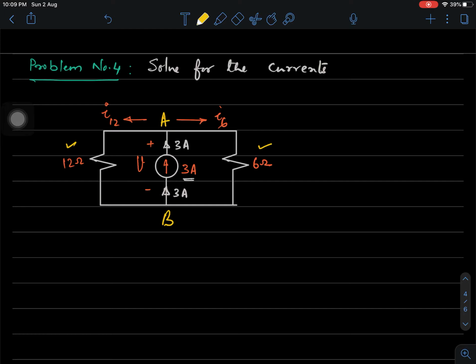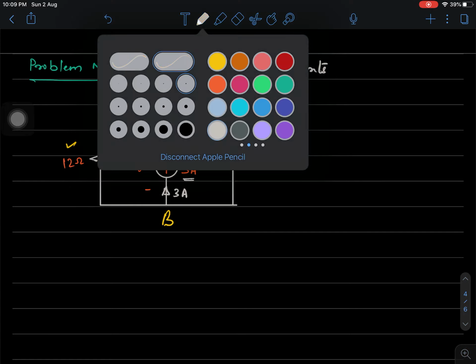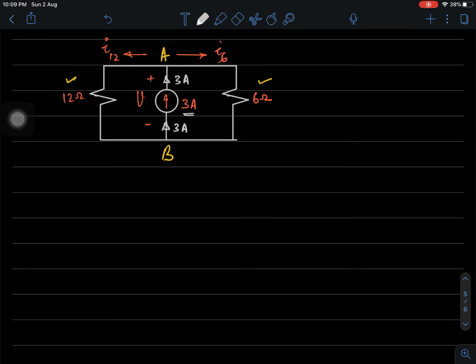So, we apply what we call the current division rule. It is a very simple rule. Current division rule essentially deals with calculation of the branch currents between 2 parallel branches without computing the voltage. It is that simple.